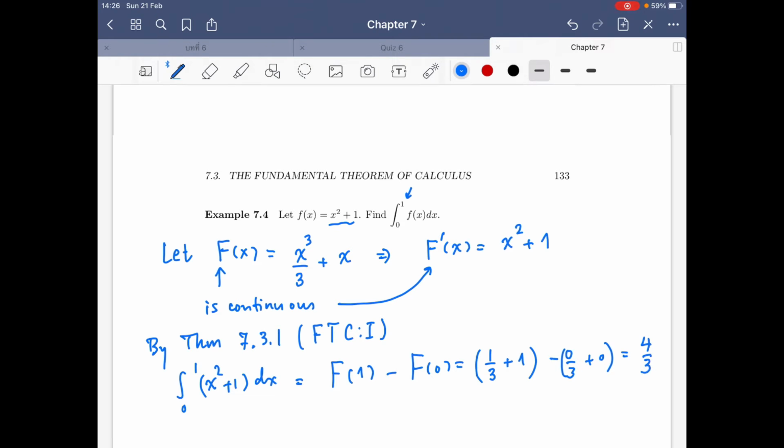So you get 4 over 3, which is comparatively simple rather than finding all the partitions. Even though you have the Riemann criterion, it is still a little bit complicated. All right, so this is how we prove and use the fundamental theorem of calculus for the first version.